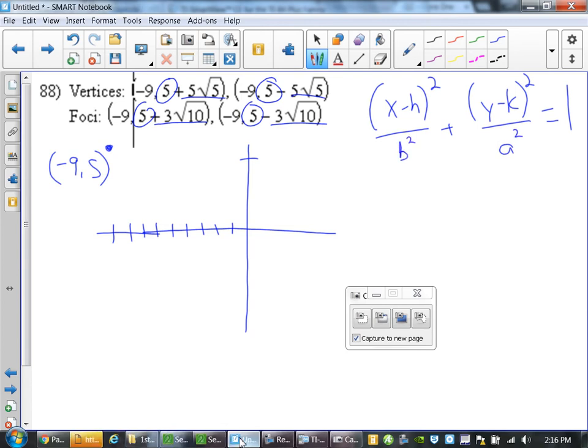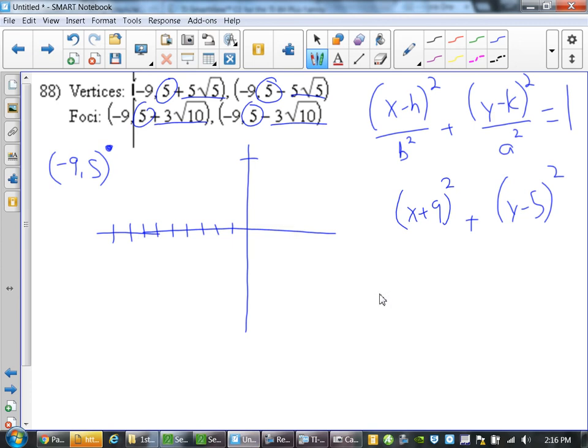I already know x plus 9 and y minus 5. Without doing too much other math, I'd start looking at my possible answers. If I have these two as my h and k, I might be able to pick out 2 of the 4 possibilities. Then within those 2, does one have the larger number under the x or the y?